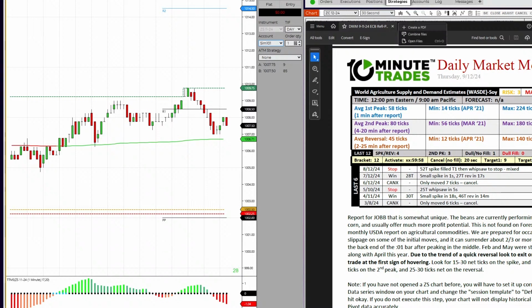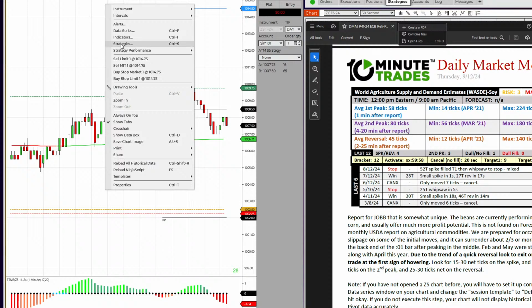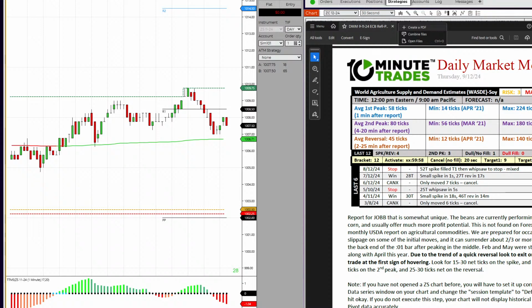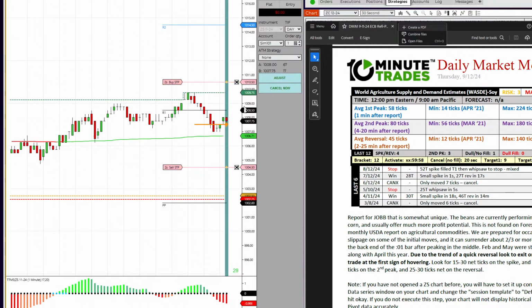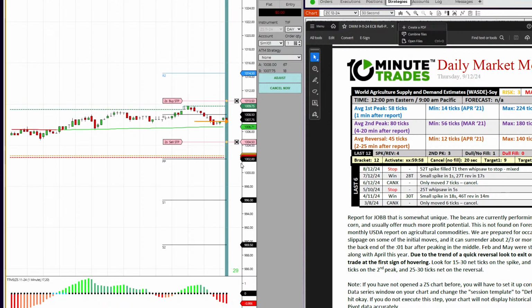Everything right now is on sim. I have to fix my other setup there. Okay, so let's trigger our breakout trade in sim. Brackets are a little big, right?